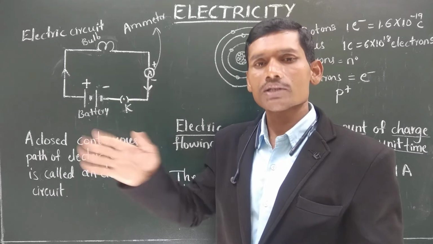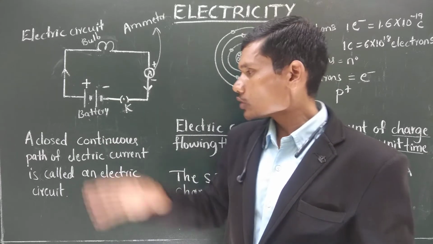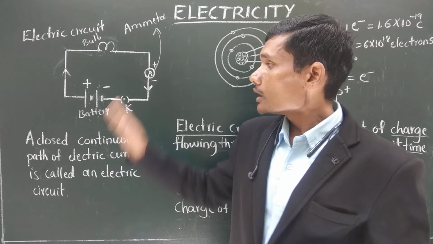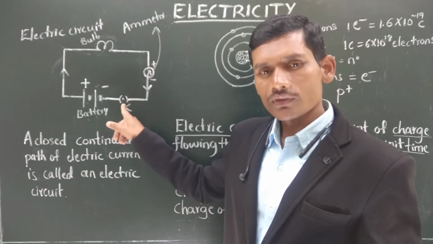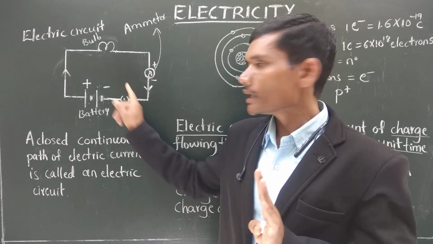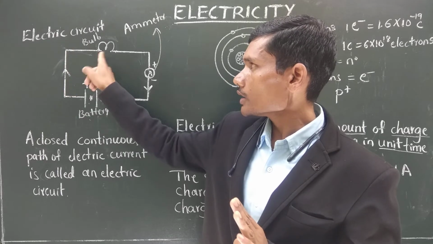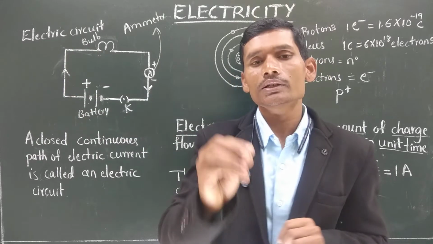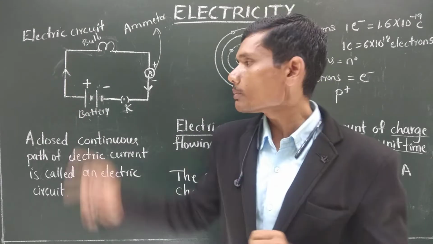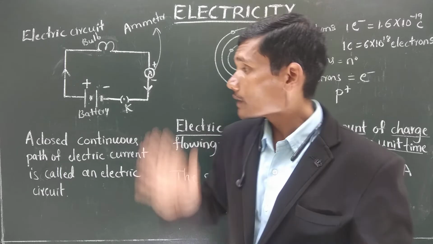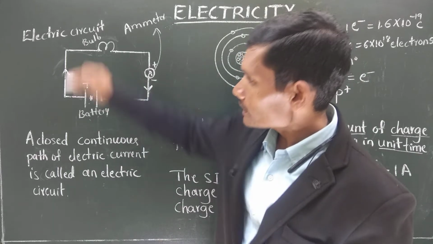There is a sliding switch again. So many types of switches we can see here. This is the function of a switch or plug key: either to make or break the path of electric current in an electric circuit. Okay, now let us come to know about these two things here.